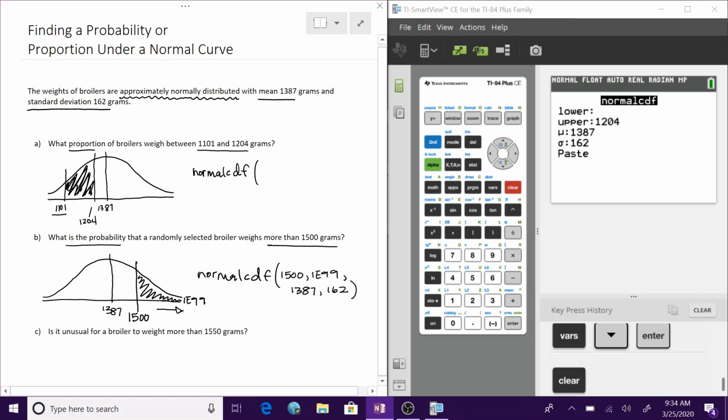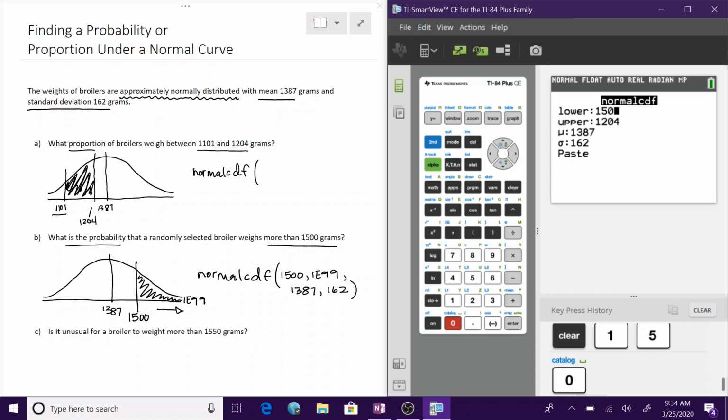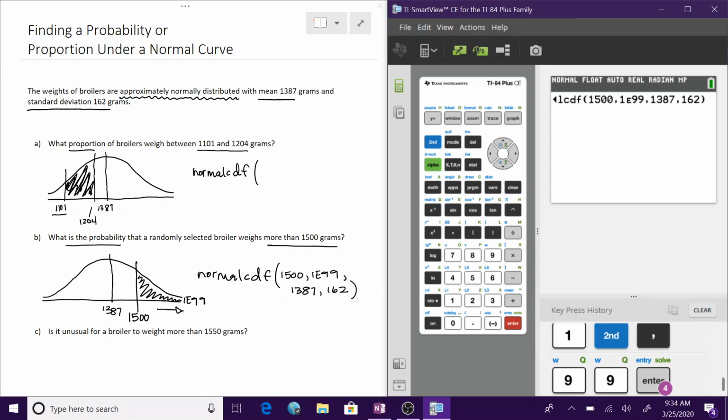So our lower is 1500, our upper is 1E99, and our mean and our standard deviation stay the same. We're going to paste and press enter. And we find that the probability that a randomly selected broiler weighs more than 1500 would be 0.2427.